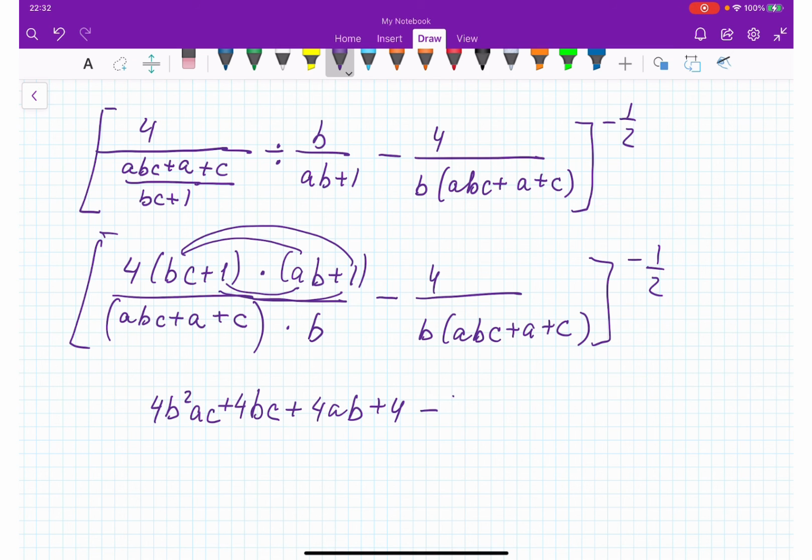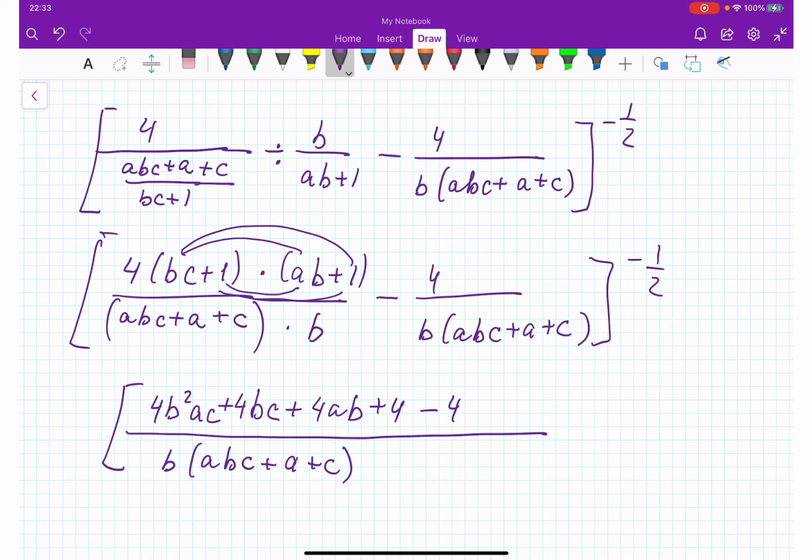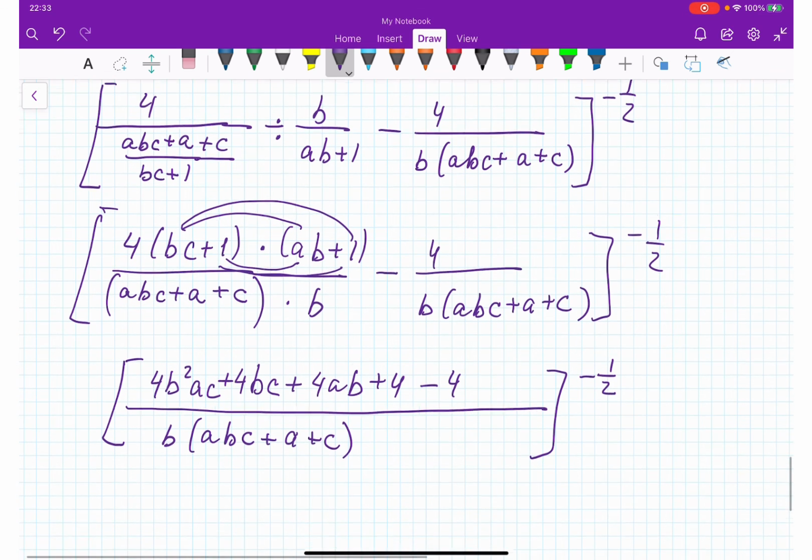Okay, and minus 4 here, right? And the denominator, since we have the same, B times ABC plus A plus C. And this is going to power negative 1 half.